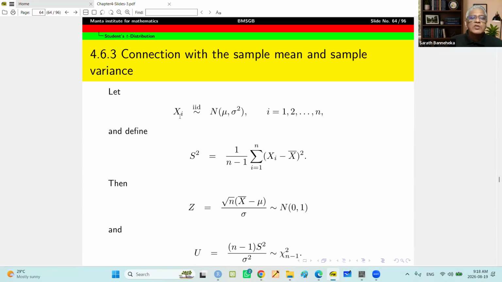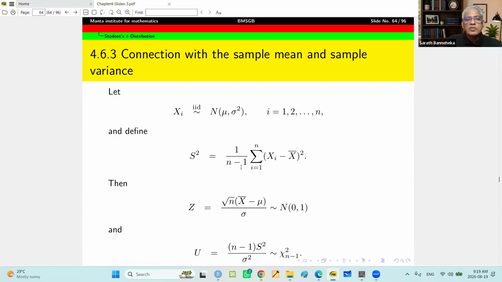In other words, x1 up to xn are IID normal mu sigma square random variables. IID means independent and identically distributed. And using these x1 up to xn, let us define, as we know, x bar as the sample mean, and S square as this quantity with the divisor n minus 1.